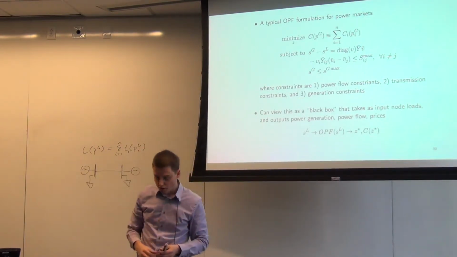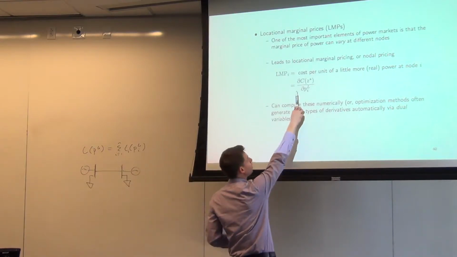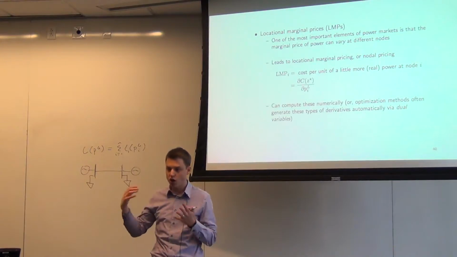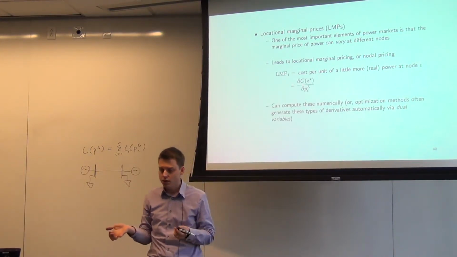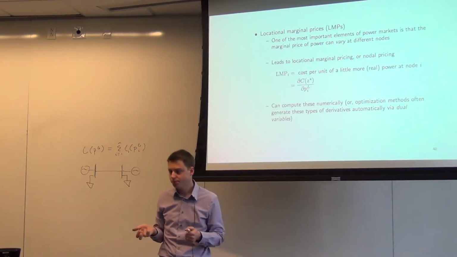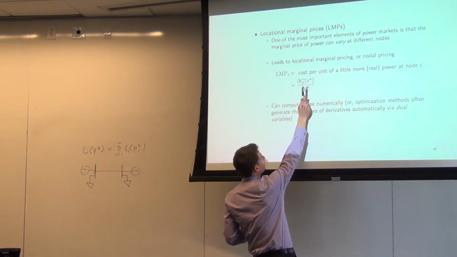The LMPs are the partial derivative of that total cost. So how much does the total cost of the system change if I increase the load at node I a little bit? That's formally defined as the derivative of this cost evaluated at Z star.